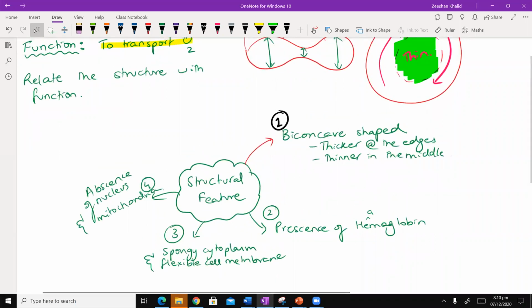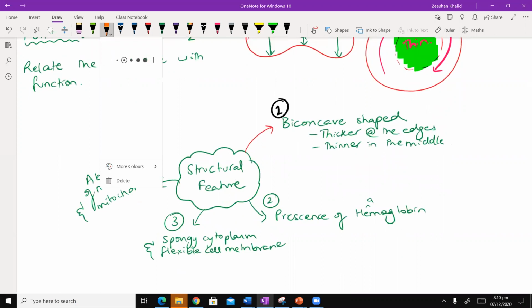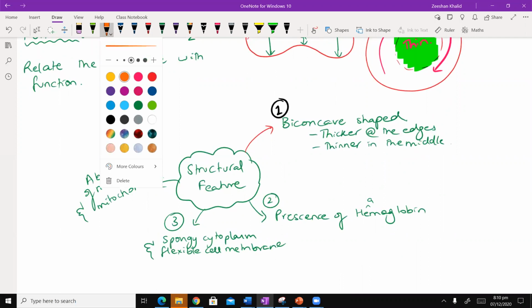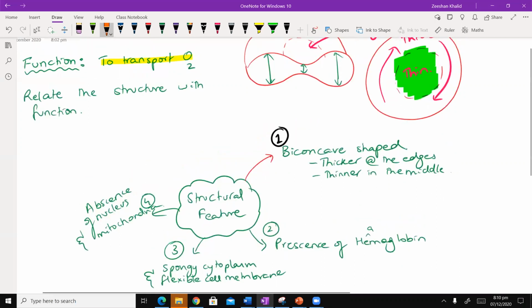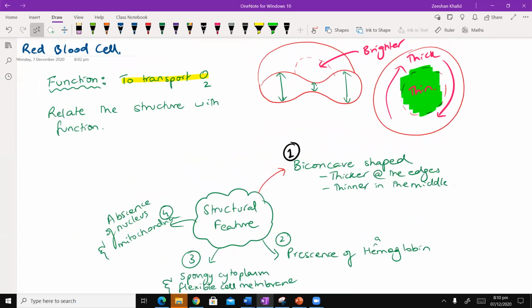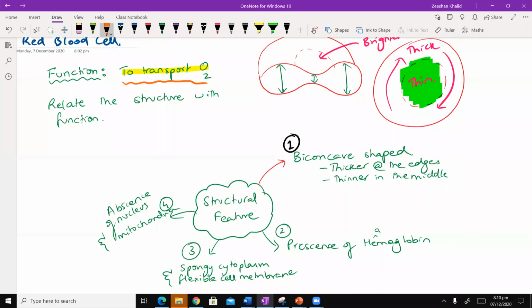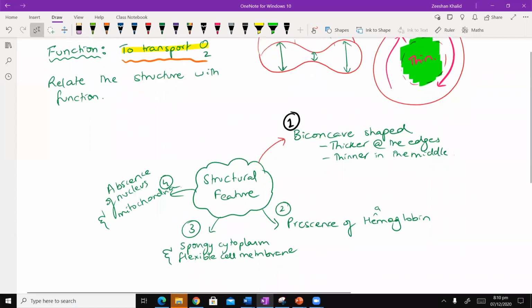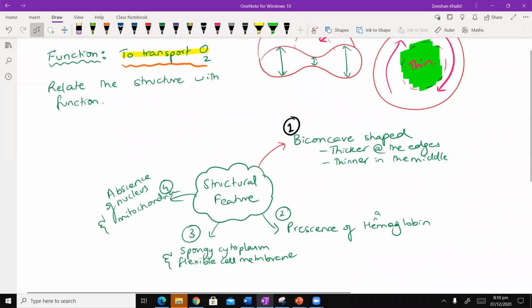Now I'm going to use an orange ink to relate all of these features with the function. What do I mean by relating the structure with the function? We've understood that the function is to transport oxygen. Now the question is, how does the presence of hemoglobin help in the function? Well, the answer is simple.